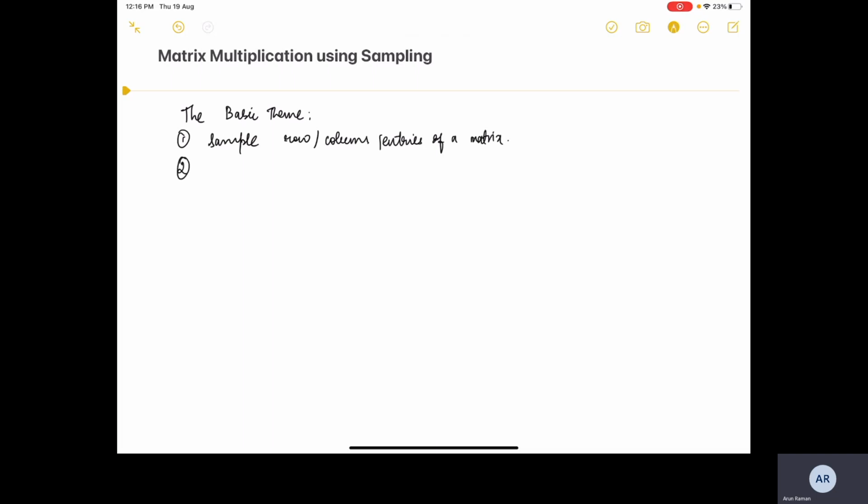Then using those sample rows or columns, we will solve the problem of our interest on the smaller matrix.